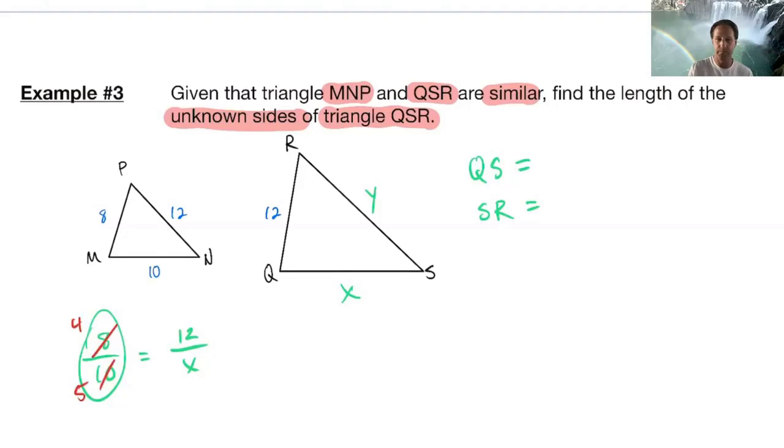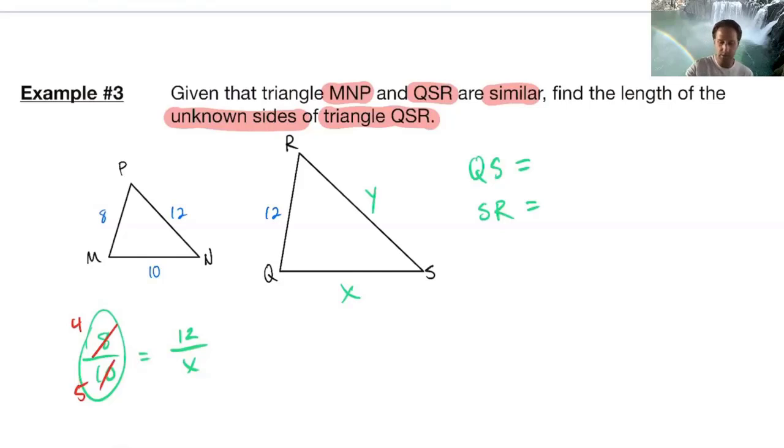Now you have two options at this point, actually a few more, but I won't go into too much. You can either multiply across the equal sign at a diagonal. We call it the cross product, okay, because we're multiplying across the equal sign as well as the numerator and the denominator. Or you can go ahead and multiply by the LCD, the least common denominator, which of each of these would be 5x.